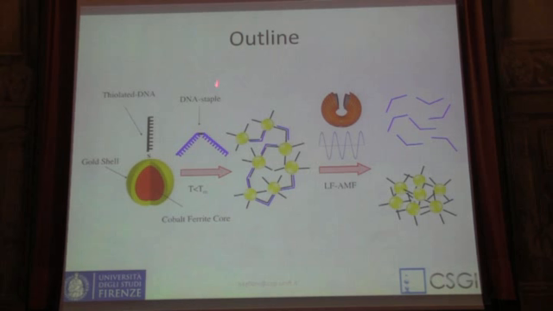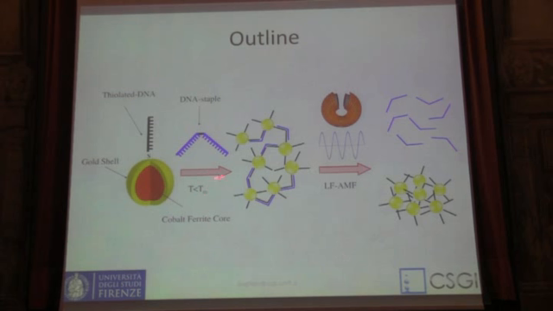And what we are going to show you is that you have particles. These are ferrite nanoparticles, in this case cobalt ferrite, and you cover by gold, and then you attach a single strand DNA. Then you have in solution a complementary sequence of this single strand that we call DNA staple.